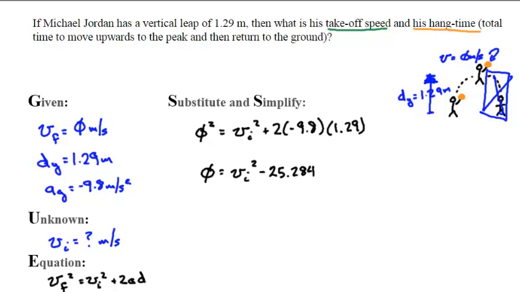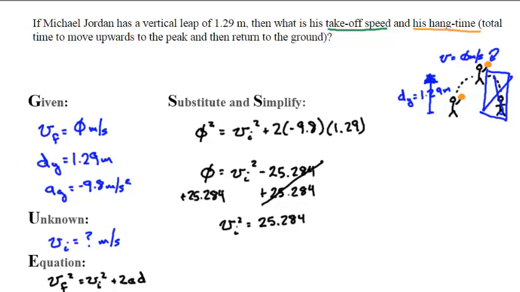25.284. Now I need to be careful in order to get VI all by itself. I'm going to add 25.284. That cancels, but I'm going to do it to this side as well. Velocity initial squared equals 25.284.